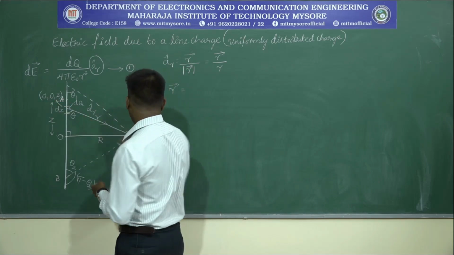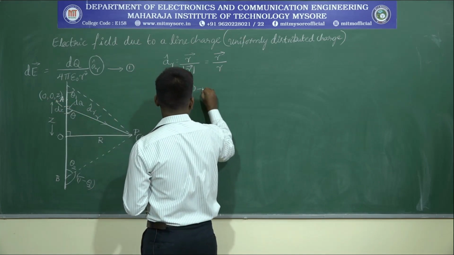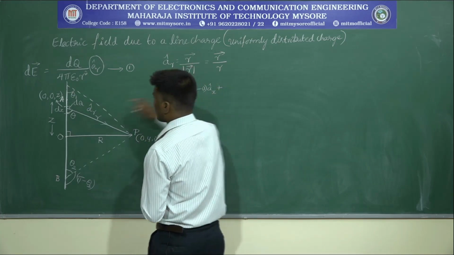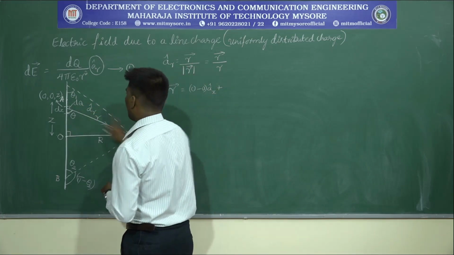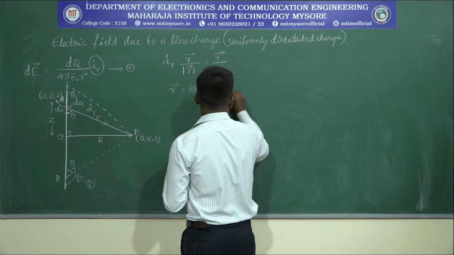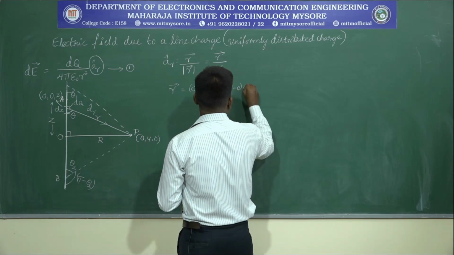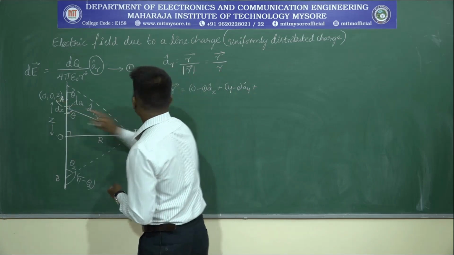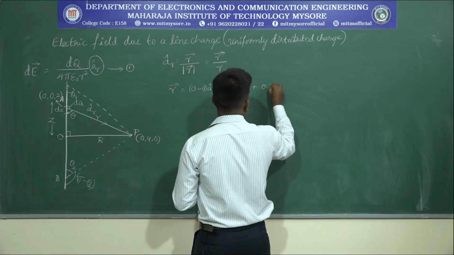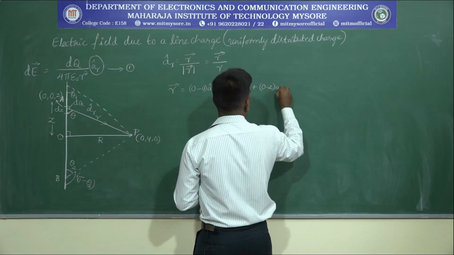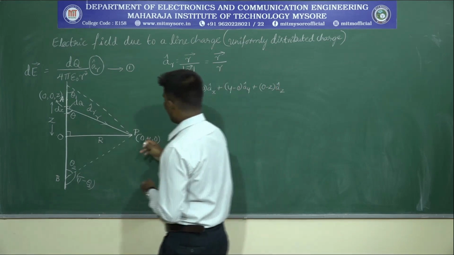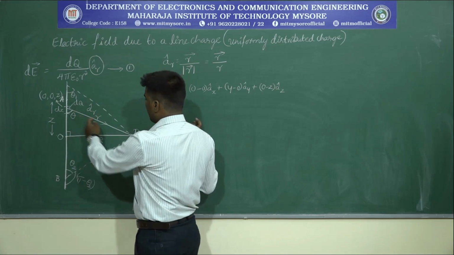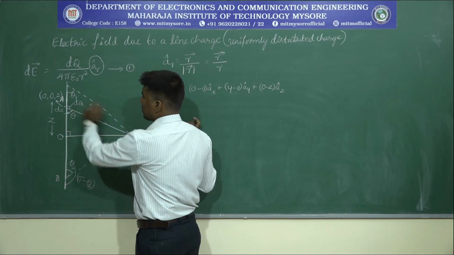0 minus 0 into a cap x plus y minus 0 into a cap y plus 0 minus z into a cap z. Why have we considered this? As I said in the previous sessions, it should be tip minus tail.